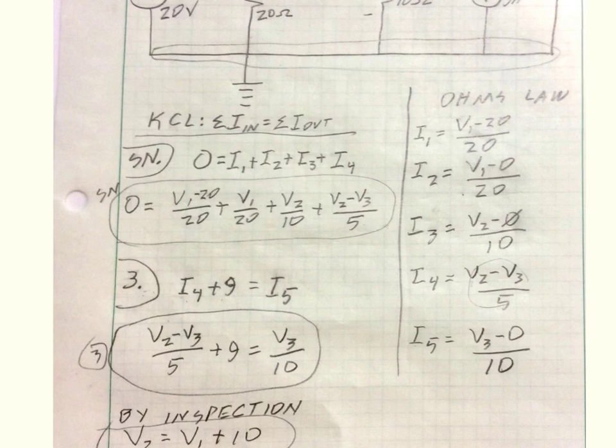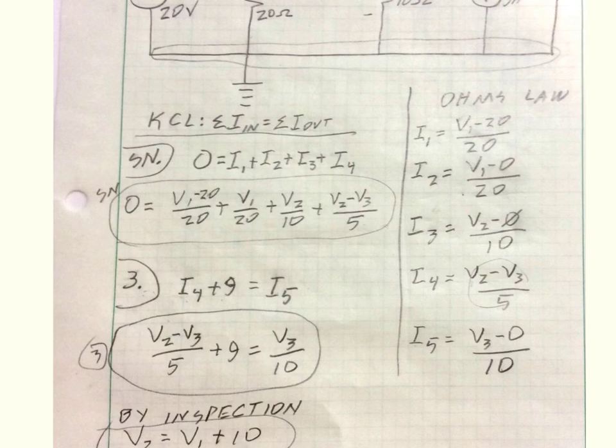So for I1, V1 minus 20 is the voltage drop across this 20 ohm resistor, so I1 is V1 minus 20 over the value of the resistance, 20 ohms. For I2, through this 20 ohm resistor, the voltage across it is V1 minus 0, and the value of the resistance, 20 ohms, goes on the bottom.